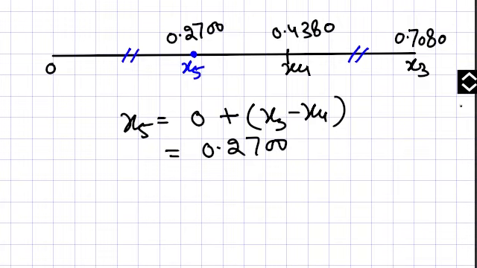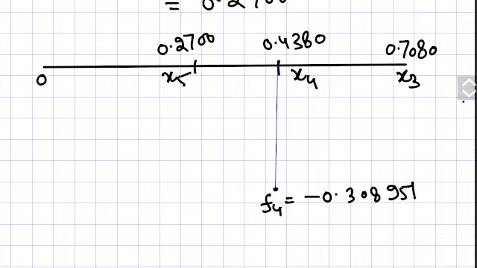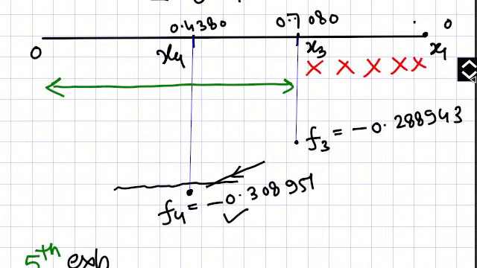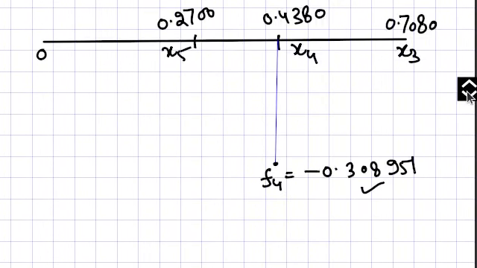Okay, now we calculate the function value here. The situation is like this: this value you already know, we calculated it earlier. Now you have to calculate the value at this point, and how you will do that: you put the value x5, meaning this value 0.27, into the function, and you will get the value.